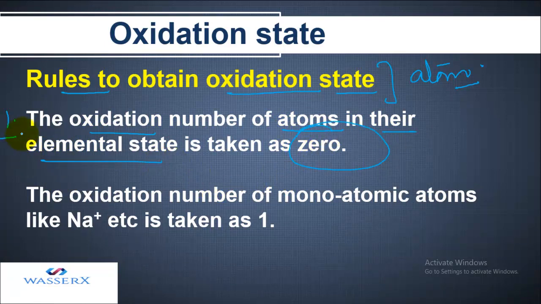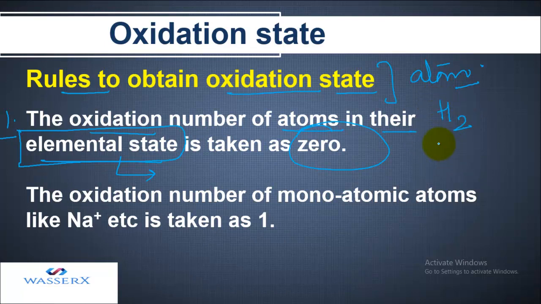First of all, we have to know what we mean by elemental state. Elemental state is the state in which the element usually exists at room temperature. For example, hydrogen exists as H2. That is, 2 atoms of hydrogen combine to form a single H2 molecule. So this is the elemental state for hydrogen.